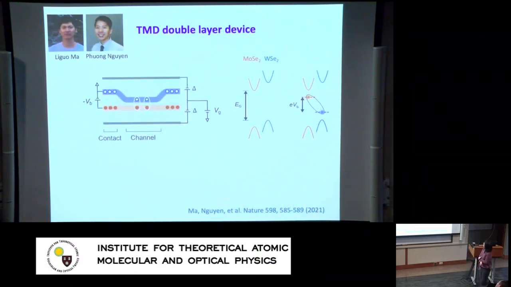Okay, so we identified a pair, and this is not just restricted to those two TMD semiconductors. Many pairs can work, but there are some experimental details on how to put separate contacts on those two layers. And this is something that we have worked on for years.